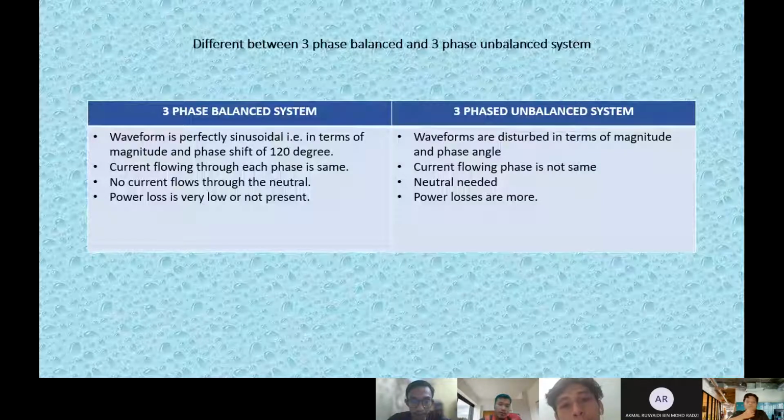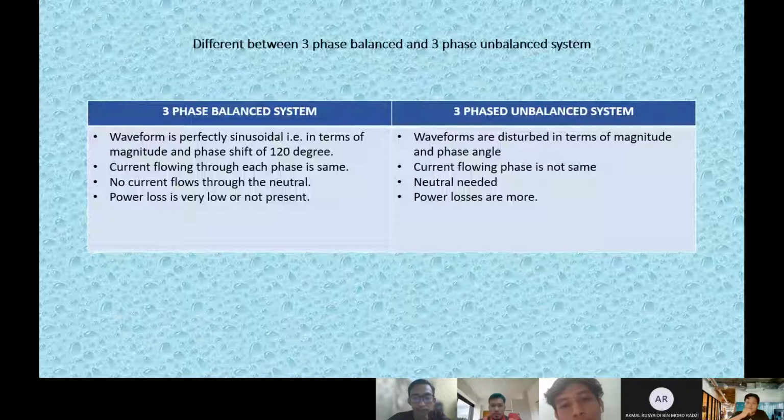Okay, for the three-phase balanced system, the waveform is perfectly sinusoidal in terms of magnitude and phase shift of 120 degrees. Current flowing through each phase is the same. No current flows through the neutral. Power loss is very low or not present.